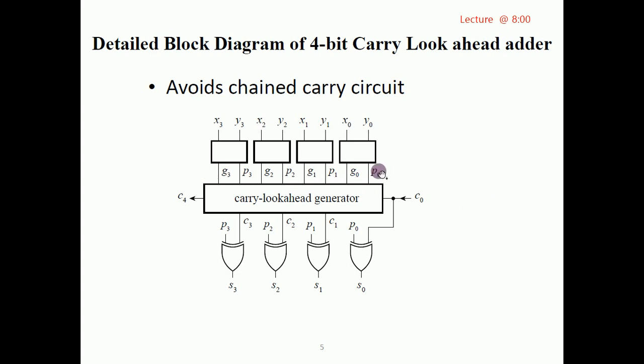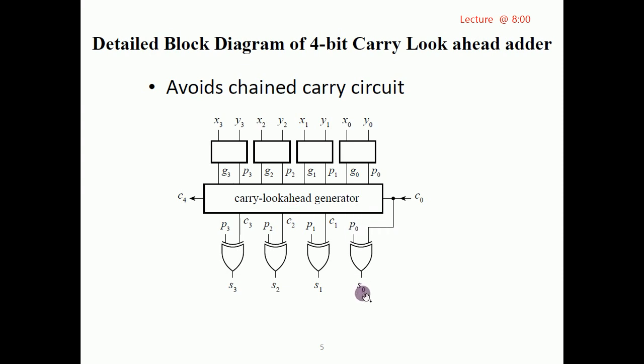C0 is there. The X and Y will be available at 0 time itself, because of which P and G will be available as soon as X and Y are supplied with values. So when P and G values are known, I can compute all the carries and all the sums, because of which there will be no delay in this carry lookahead adder.